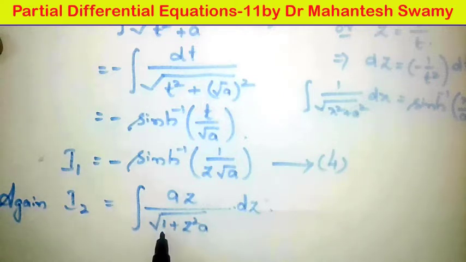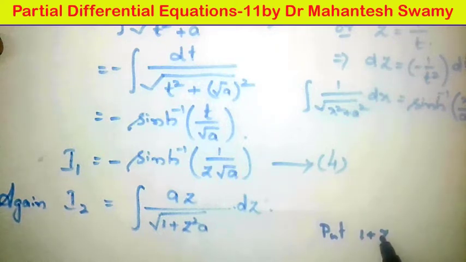What is the substitution here? 1 plus z square into a. So here we will put 1 plus z square a equal to t. That implies the differential on the LHS is 0 plus 2za dz equal to dt.